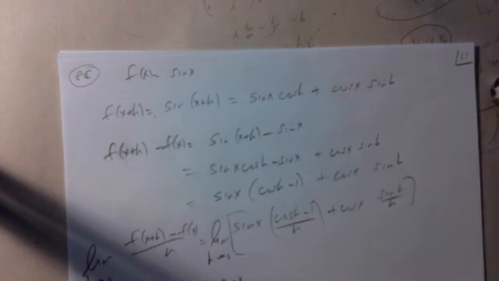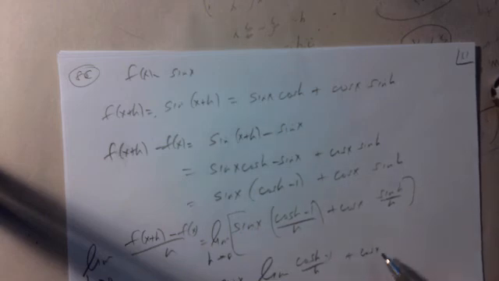I get sine x times the limit, because this doesn't depend on h, it only depends on x, the limit as h goes to 0 of cosine h minus 1 over h, plus cosine x times the limit of sine h over h as h goes to 0.